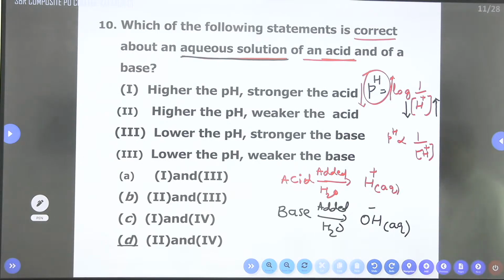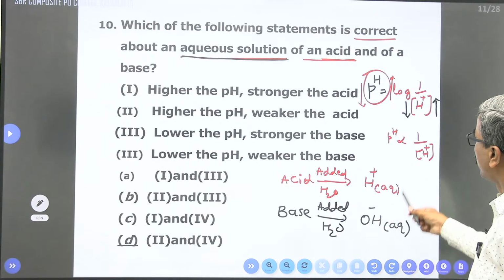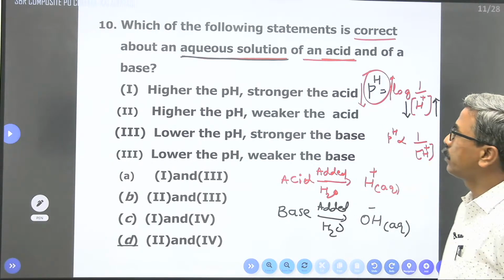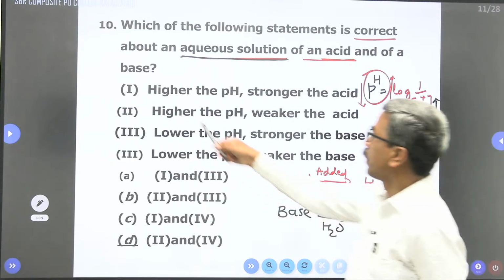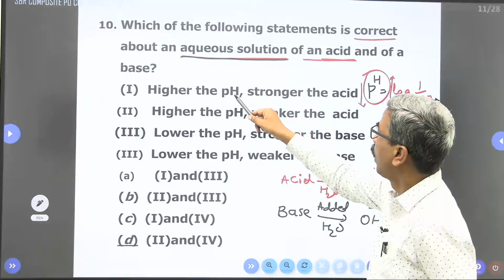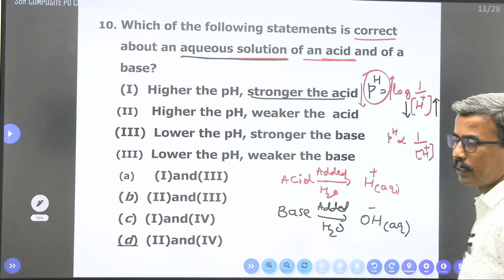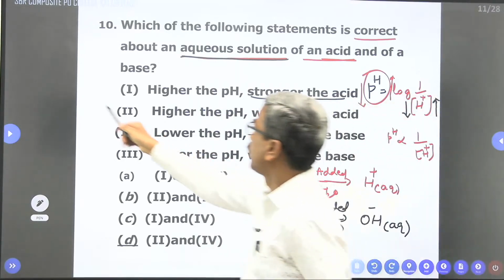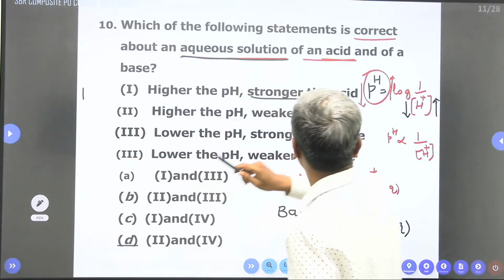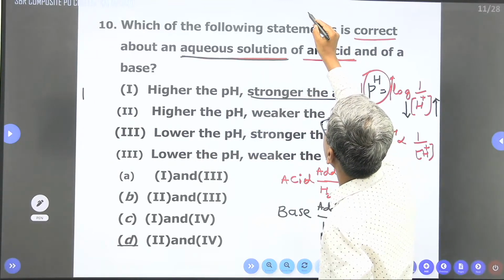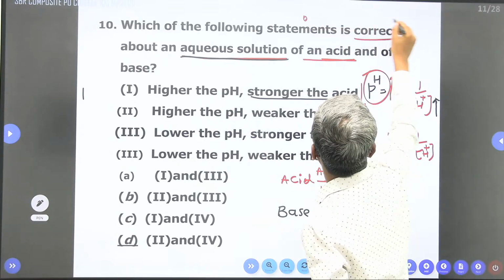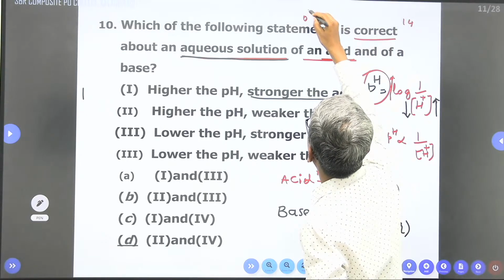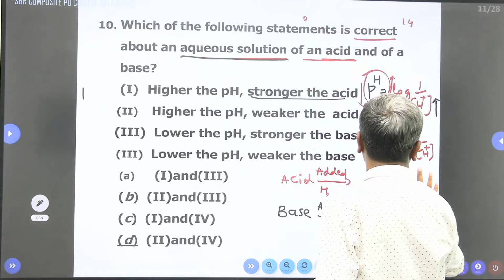Now you can see, suppose the pH is higher. Already I have said that the acid will be stronger. Now here: higher the pH, stronger is the acid. Is it correct? Even if you are not getting this, I said that pH is a scale to measure acidity and basicity. I can write it at this side: it is a scale of 0 to 14.